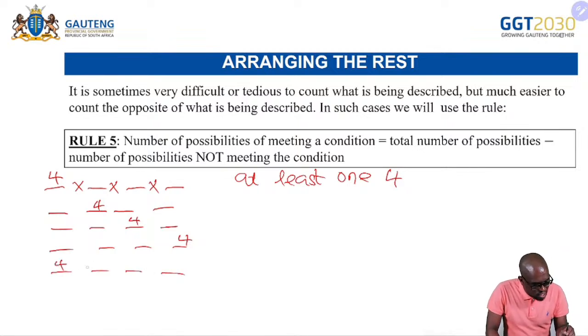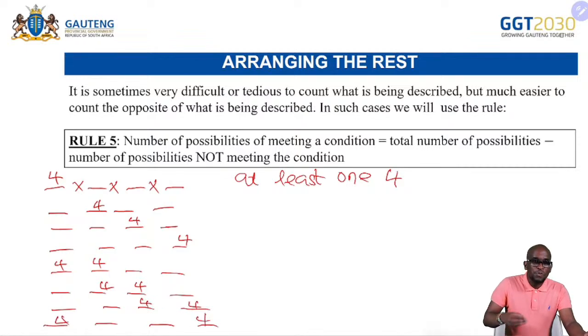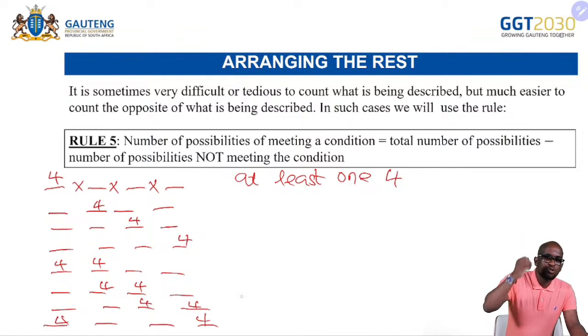A code that has a 4 here and a 4 there, and so on. And we should also have 3 4s. They said at least 1 4. It means that the code can have 1 4, 2 4s, 3 4s, and 4 4s.